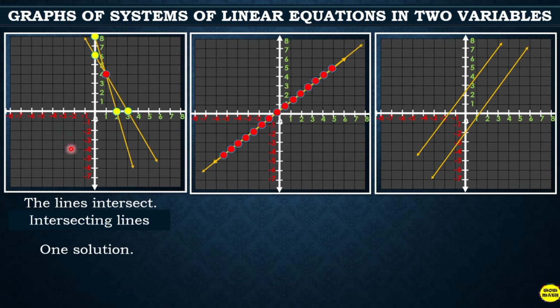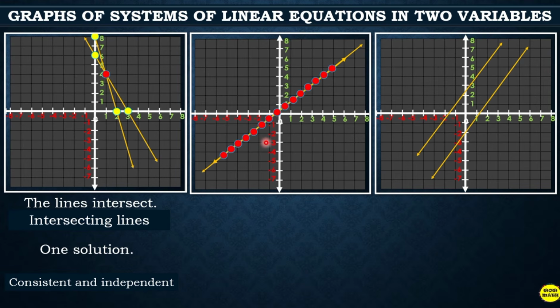So, if the graph of the line intersect, then that is intersecting lines. Kung titingnan mo kung saan sila nag-intersect, they only intersect at exactly one point. Therefore, we only have one solution. Okay? And that is what kind of system? Kapag intersecting lines, that is consistent and independent.